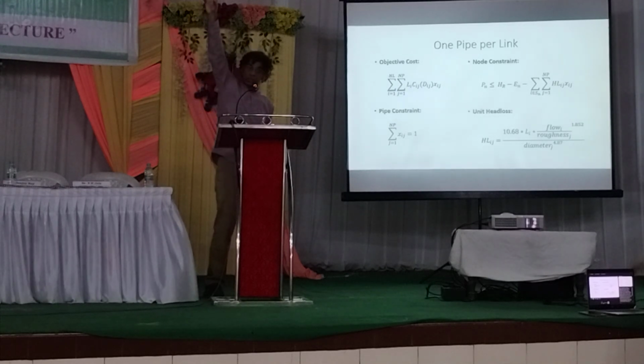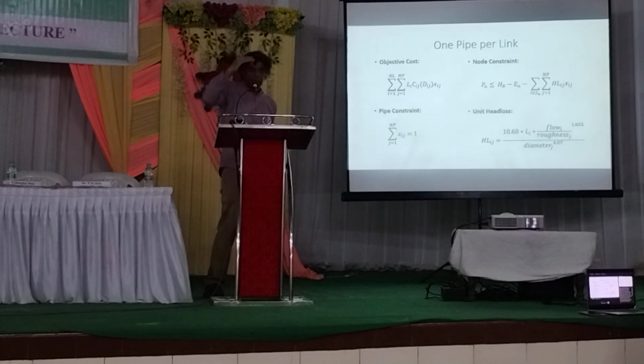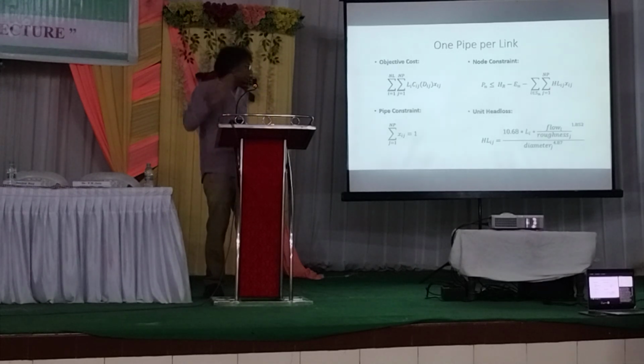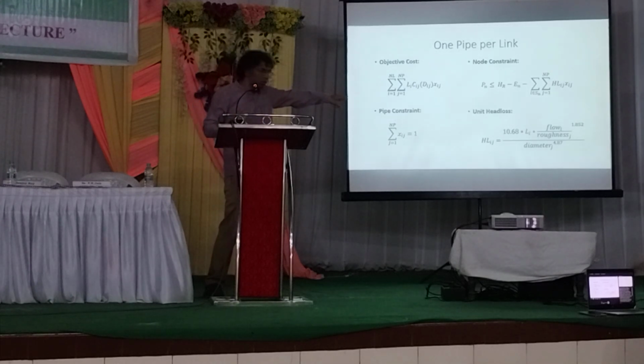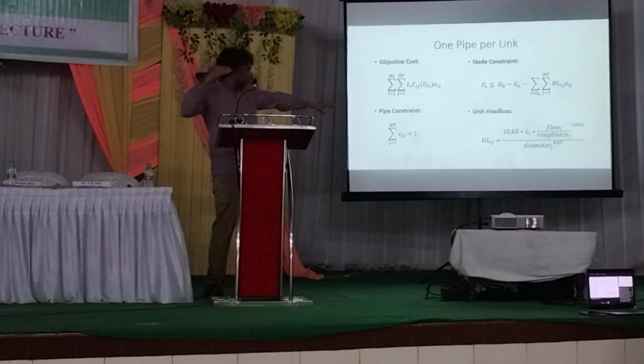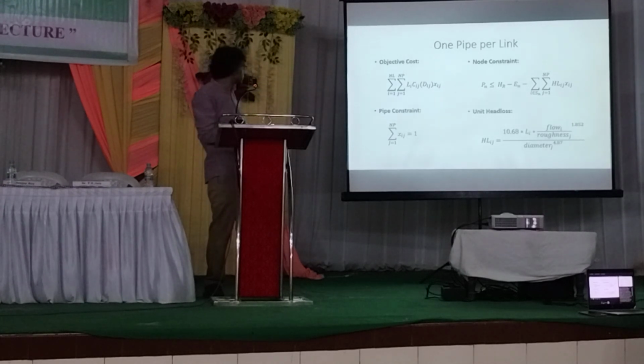So at the source you start with some very high pressure, there is a friction loss along the way, but you must have at least this much pressure at each node. And of course, you must meet the demand. On the right, there is a formula for the loss, the Hazen-Williams equation, and at this stage only one pipe type is chosen.